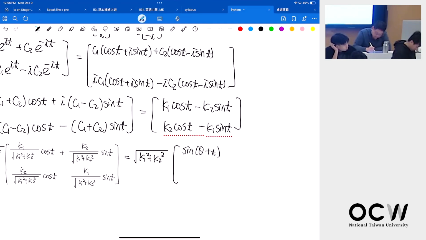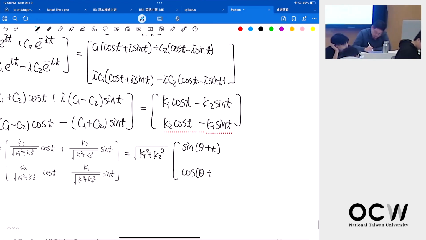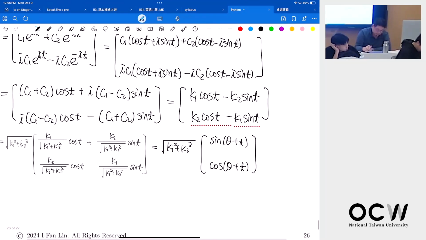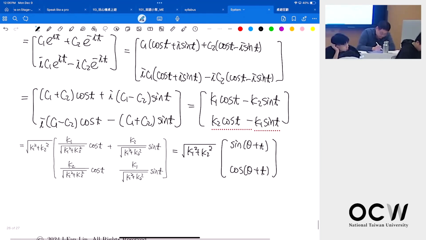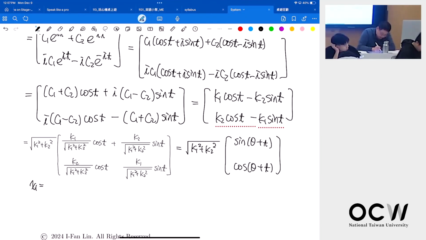Second one is cosine theta plus t, not i. So your x1 is the magnitude, K1 squared plus K2 squared, times sine theta plus t.